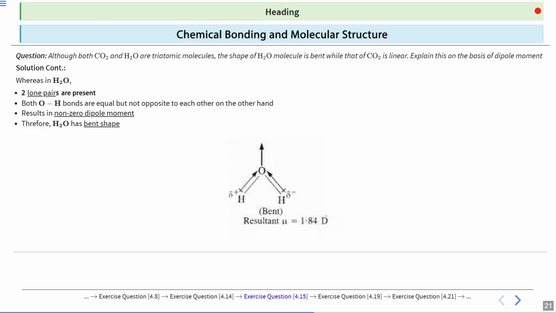But these two bonds are equal in magnitude but not opposite in direction. So they are adding up and giving us a third direction of the dipole moment vector, which is being shown here. And this dipole moment is equal to 1.84 D for the water molecule.